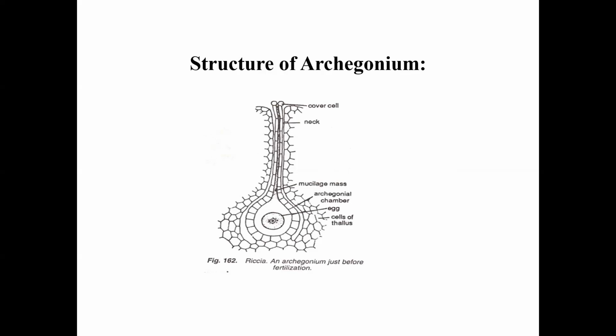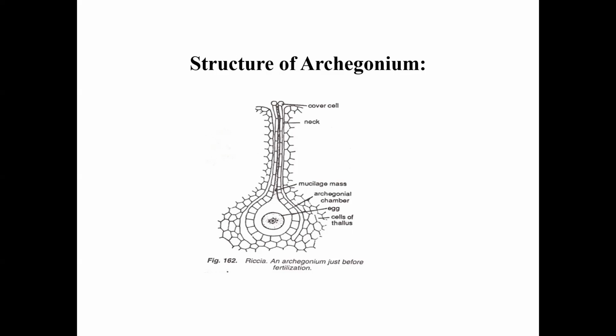Prior to maturity, the 4 neck canal cells are found within the neck canal, which disintegrate into a mucilaginous mass on the maturation of the archegonium. The lower bulbous structure of the archegonium is the venter.